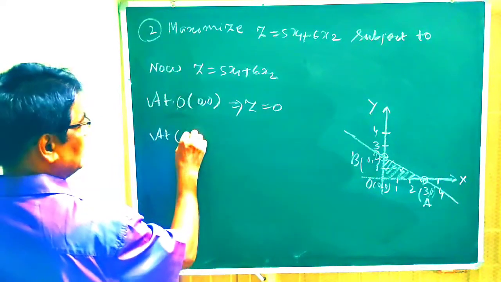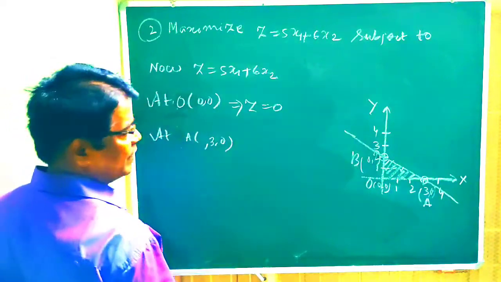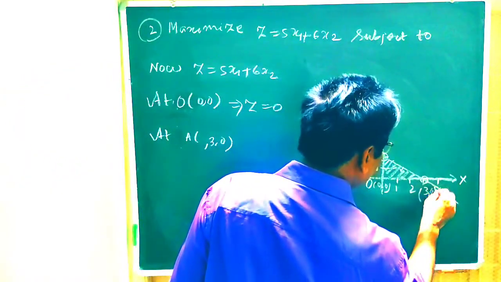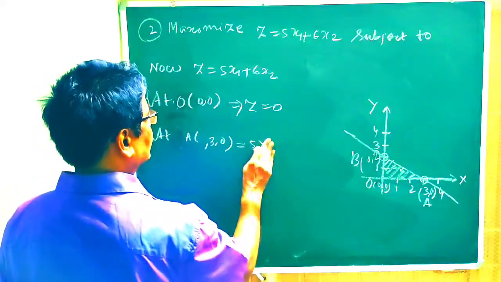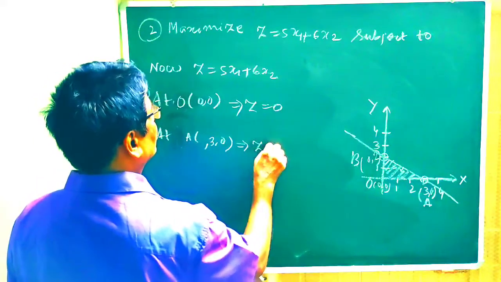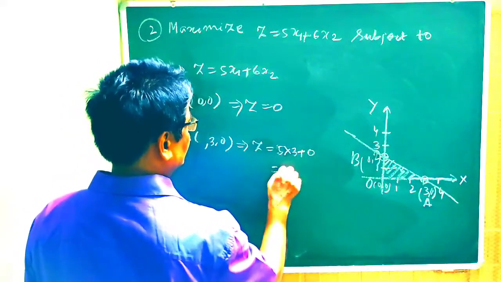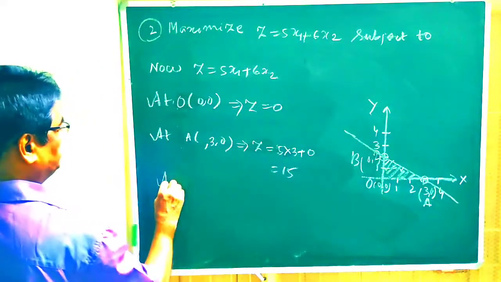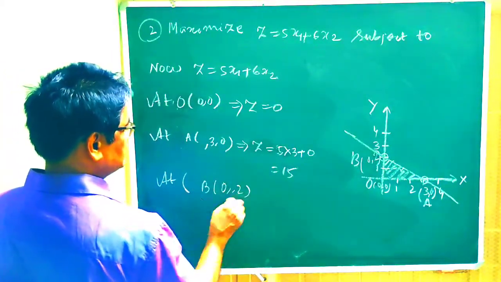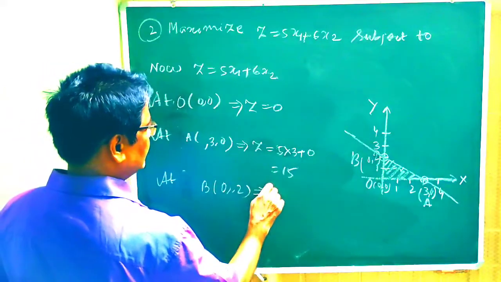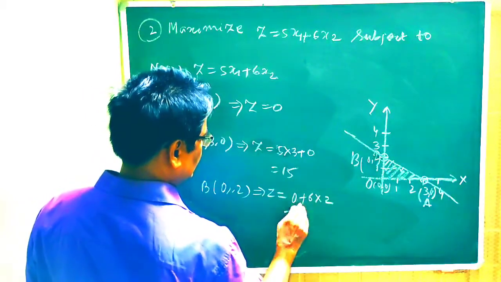At A of 3, 0, the value will be Z is 5 into 3 plus 0 is equal to 15. At B of 0, 2 implies Z will be 0 plus 6 into 2 is equal to 12.